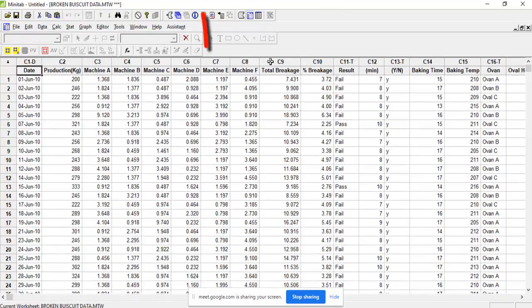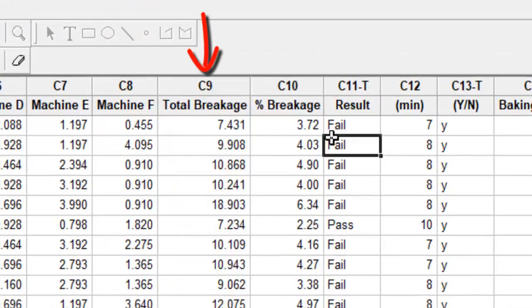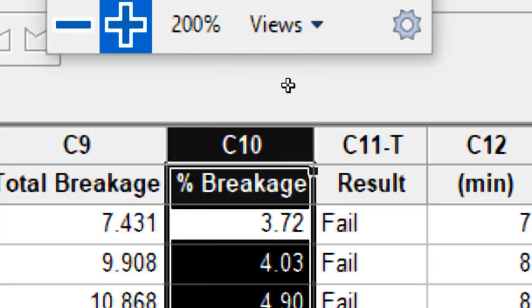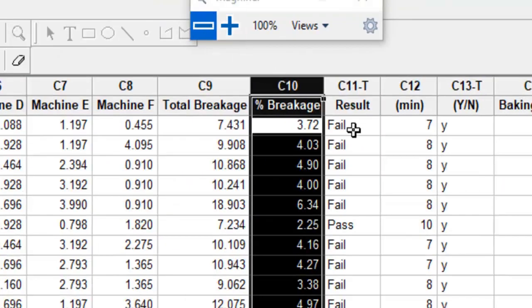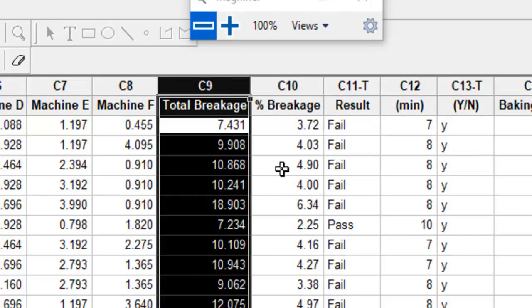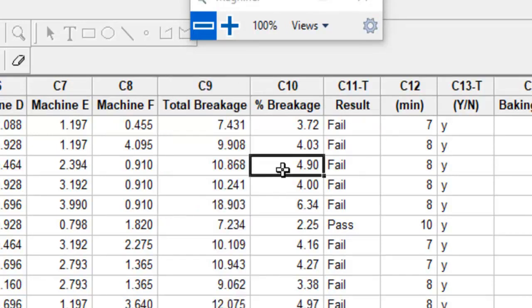If you see the column C9, I have data in this column about the total quantity of broken biscuits in a biscuit manufacturing unit. C9 is the quantity of broken in kilograms, hence it is continuous data.